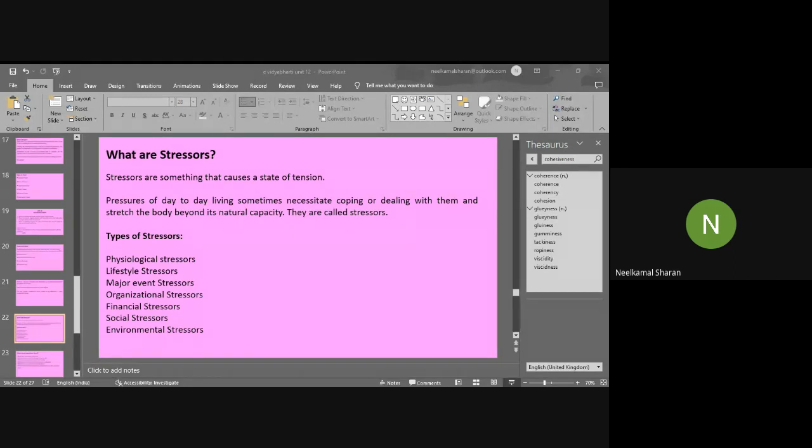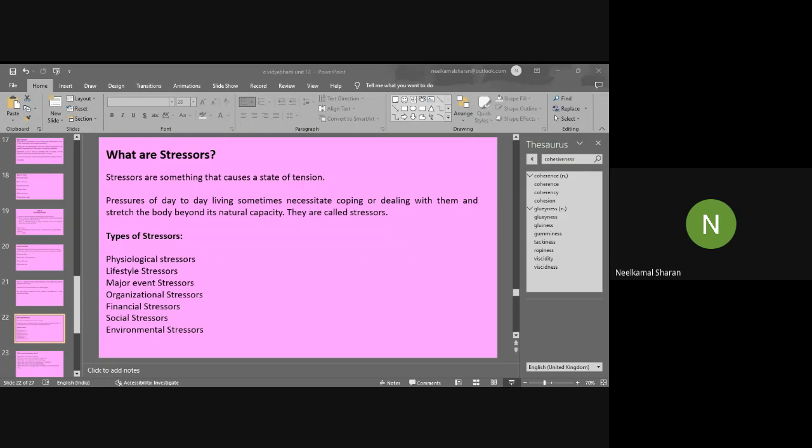Lifestyle stressors: our lifestyle, for example, we have the habit of sleeping very late and eating a lot of food, so that also creates some kind of tension. That comes under lifestyle stressors. Major event stressors: some major event is going to occur, so due to that major event, some kind of stress or mental tension is created among you.